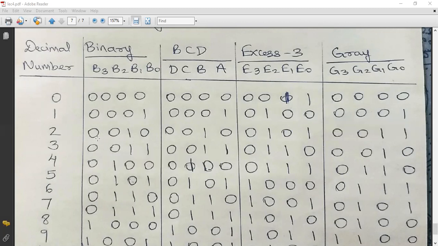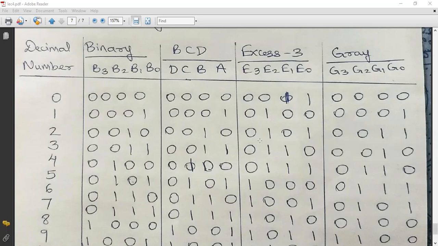Now for 2. 2 is written as 0010 in simple binary form. BCD is written as 0010 and for excess 3, we add 3 again. 2 plus 3 is nothing but 5, so 0101 is the 5 representation. And the gray code form is 0011.